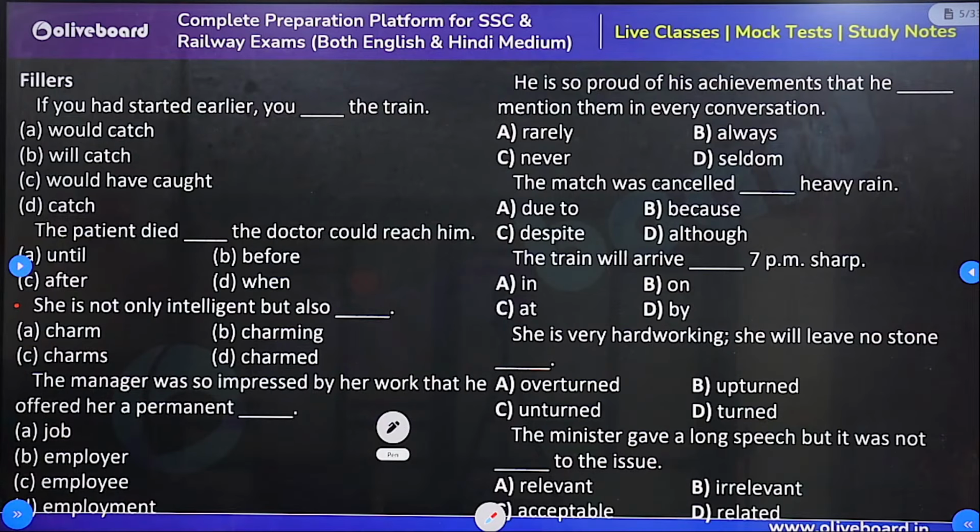Have a look at the third one. The fourth one is also correct.